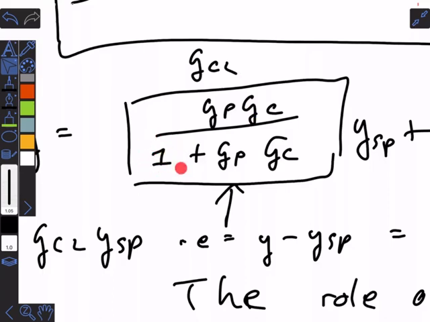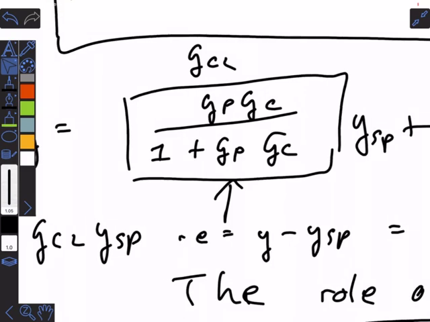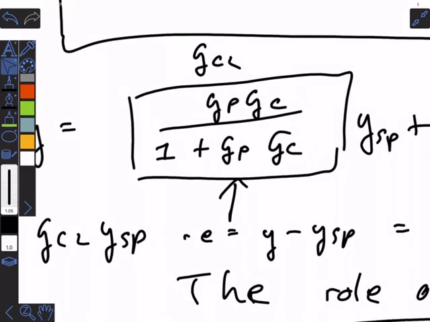But I've got this unfortunate term over here that's blocking us. The easy solution is we just make G_P huge, or G_C. The bigger we make G_C, the more that term dominates the calculation.